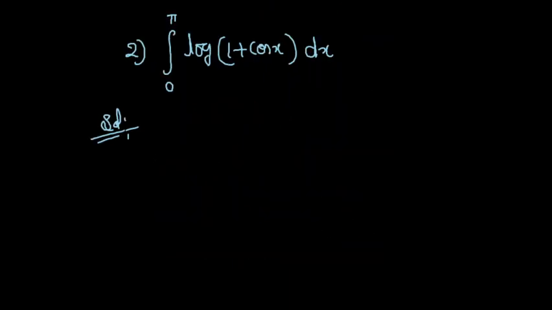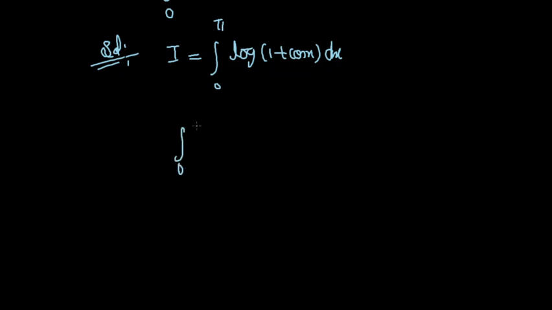That's all. Now the second question: integration 0 to pi log of 1 plus cos x dx. Let us consider this as I, equal to 0 to pi log of 1 plus cos x dx. Now apply the property: 0 to a f of x dx is equal to 0 to a f of a minus x dx.